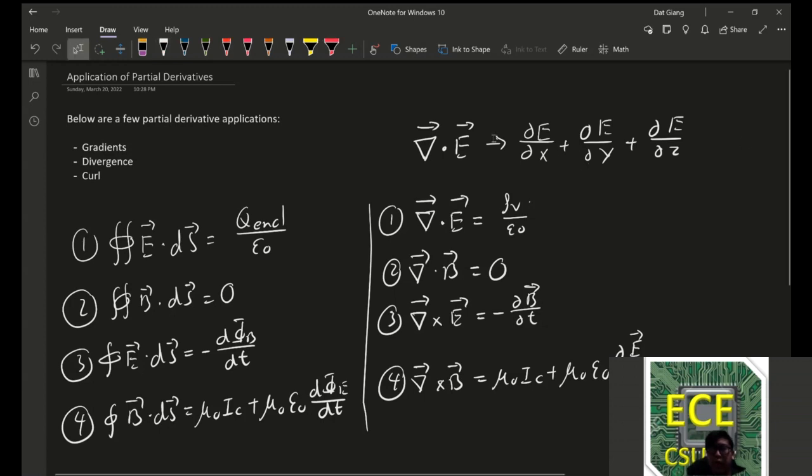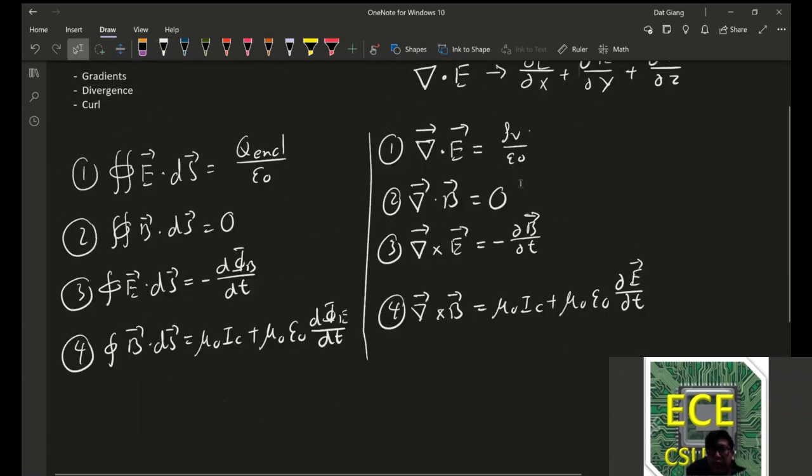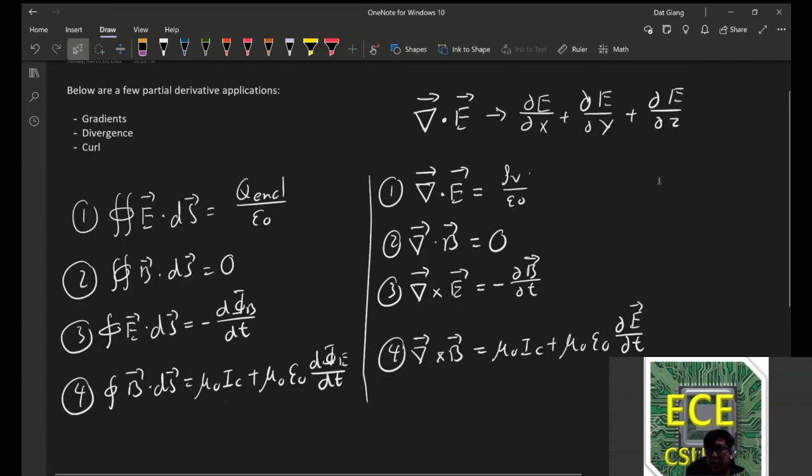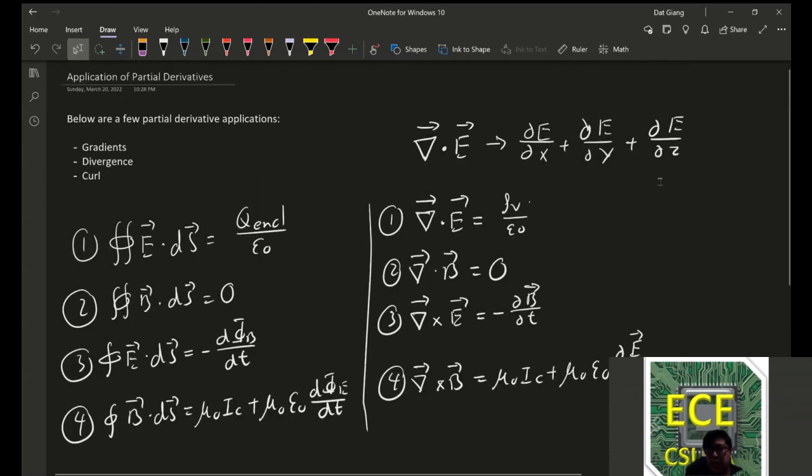Notice that for divergence, it relies on knowing that these are partial derivatives. Similar for curl, it also leads to showing partial derivatives.